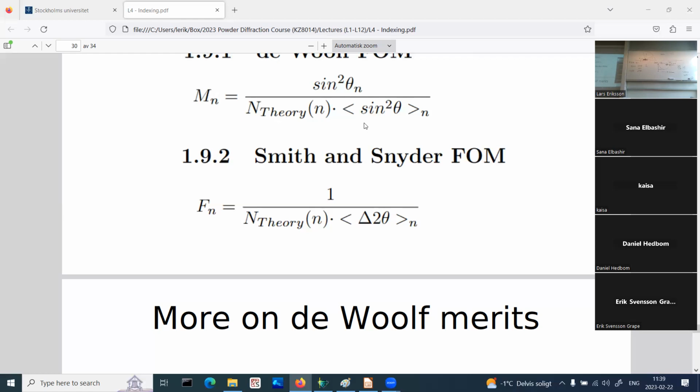I would choose that one, but Schneider also indicates how accurate the pattern is measured, because the delta theta here actually matters. The number of theoretical lines are similar in both, at least that was the case.